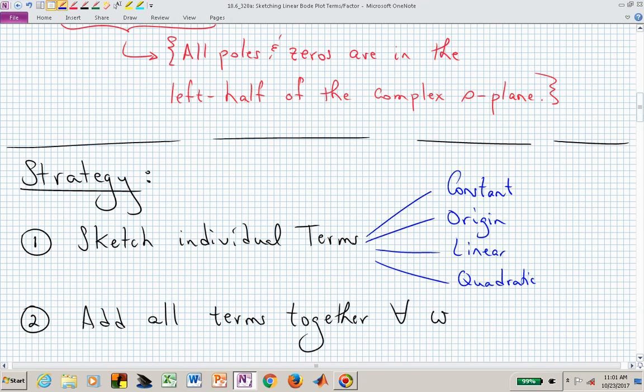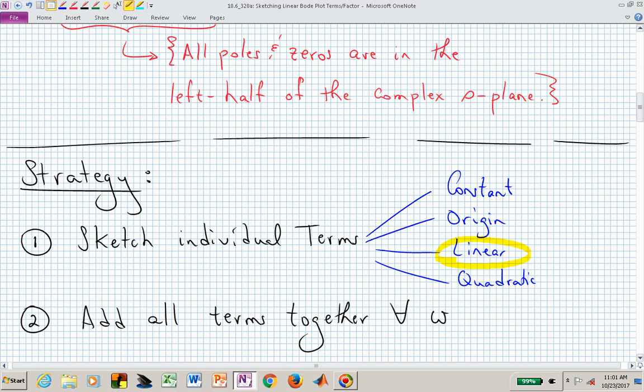Again, we're breaking this sketching process down to where we're looking at the individual factors or terms. We've already looked at the constant term. In this video, we're looking at the linear terms.